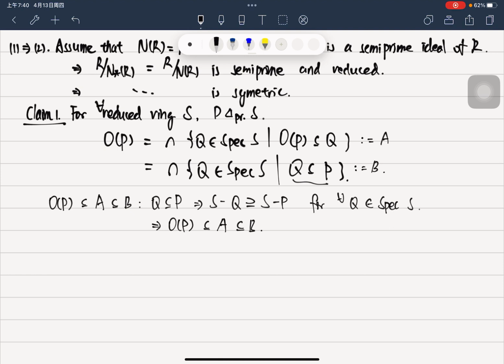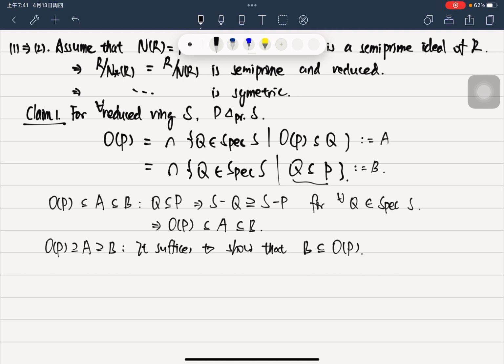For another side, it suffices to show that B is contained in OP, which means the intersection of all the prime ideals that are subsets of P is OP.